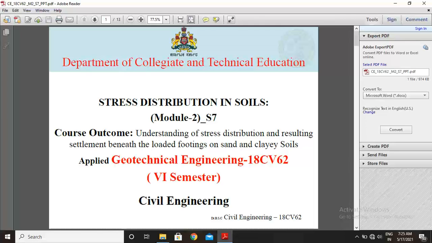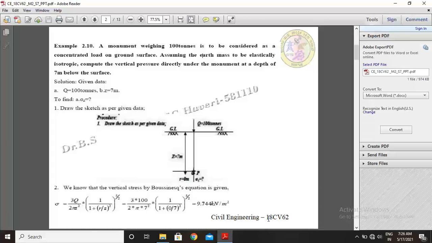The subject code is 18CV62 of 6th semester in civil engineering department. So today in session 7 we solve some numerical problems, continuing from last session 6, to see how different problems are asked and how to solve them.